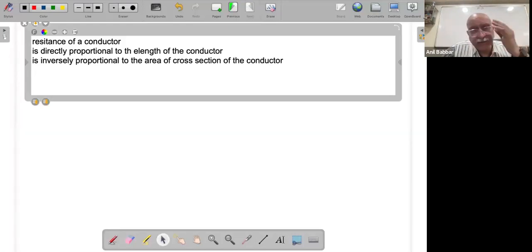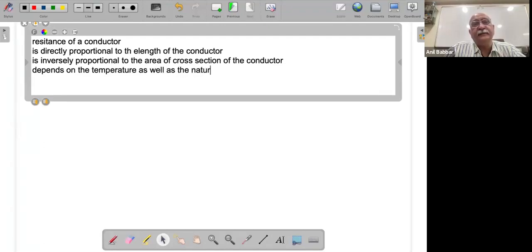It also depends upon the nature of the material. Right? It depends on the temperature as well as the nature of the material. Good conductors have low resistance, and insulators have high resistance. And when we increase the temperature, the resistance also increases in a conductor, not in a semiconductor.